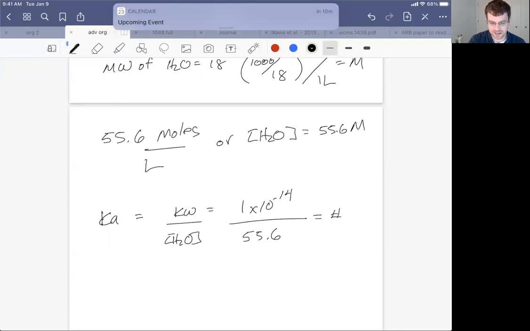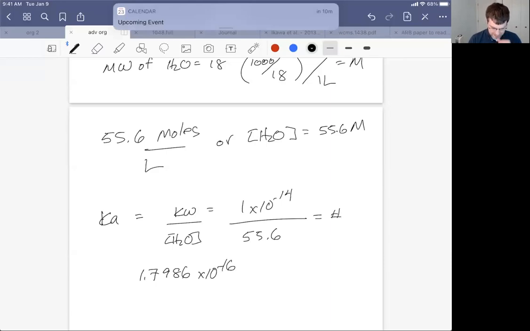So 1e to the negative 14 divided by 55.6. Okay, so I think if my Apple calculator's got it right, we're at 1.7986 times 10 to the minus 16.